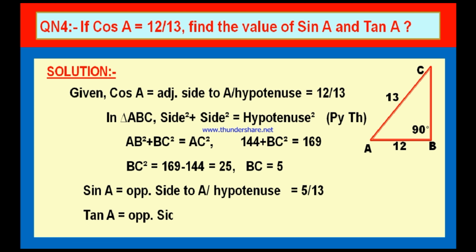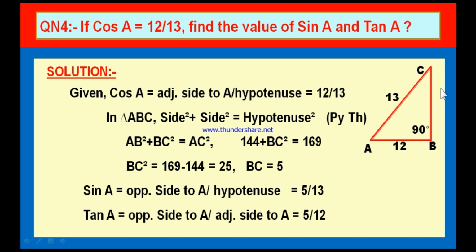Next is tan A. Tan A formula, opposite side to A by adjacent side to A. To this angle A, opposite side is BC and adjacent side is AB. Therefore, tan A is BC by AB, that is 5 by 12. Is it clear?